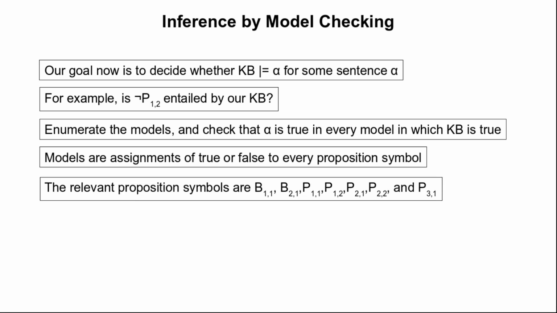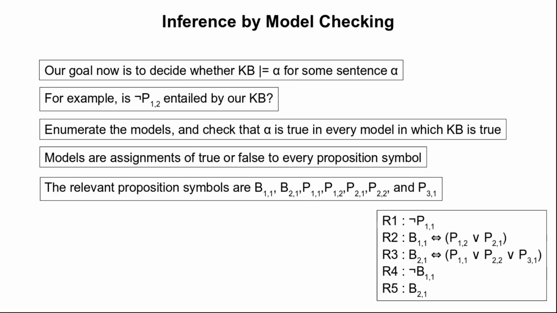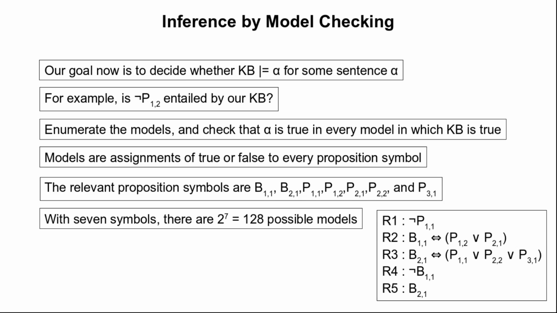Now, in the case of the knowledge base that we have created, there are 7 proposition symbols. They are B11, B21, P11, P12, P21, P22 and P31. It will be more clearer if you look at the knowledge base.